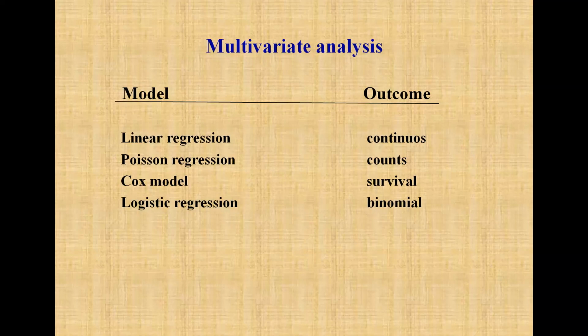The Cox proportional hazards model is used for survival data. Survival data must be continuous. There is another concept we use, the censoring concept, and the data preparation is a little different from linear regression and Poisson regression. Today's talk is on logistic regression, and logistic regression requires a binomial outcome, or you can say dichotomous outcome.